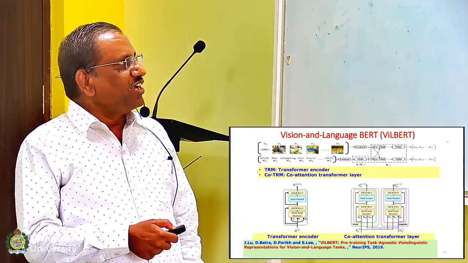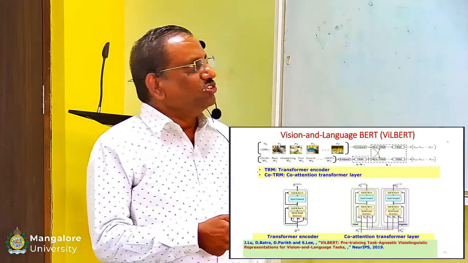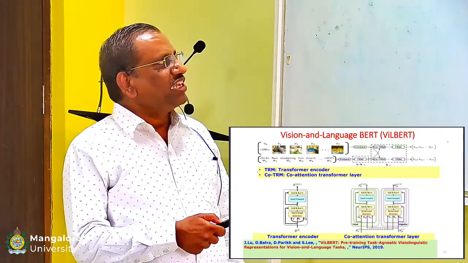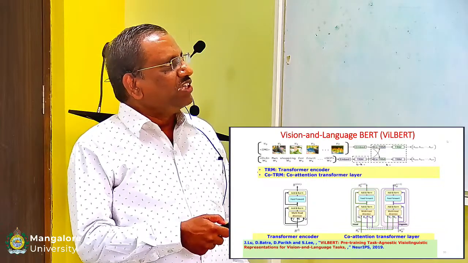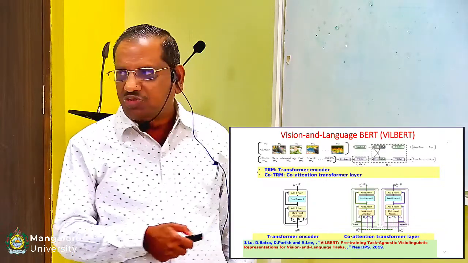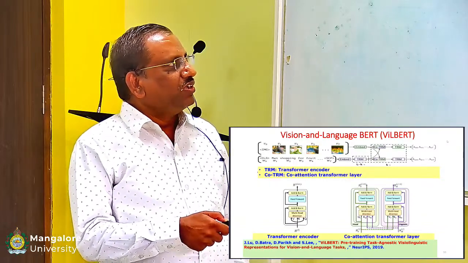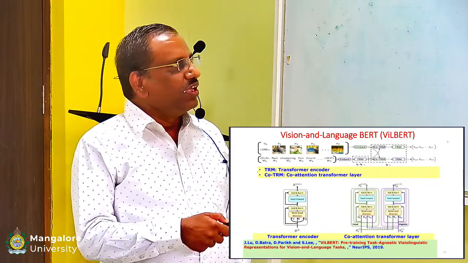As I said, one can also use these BERT models for a combination of visual data and language data. Basically, we take the representation of an image as a sequence of parts, or if it's a video, a sequence of frames. So I get one sequence here, then I have the corresponding sentence associated with it.